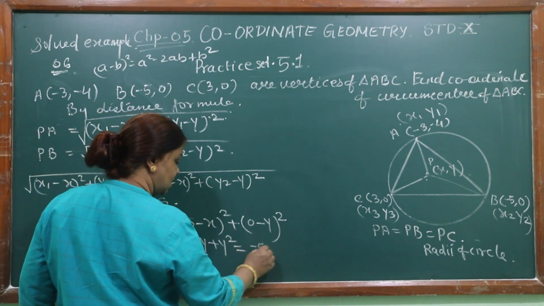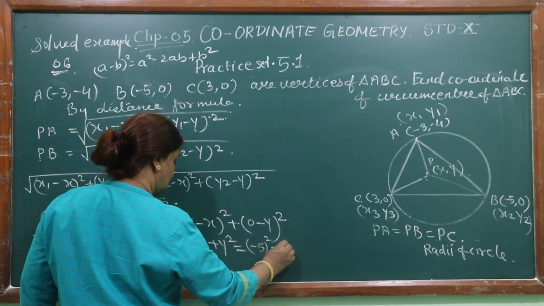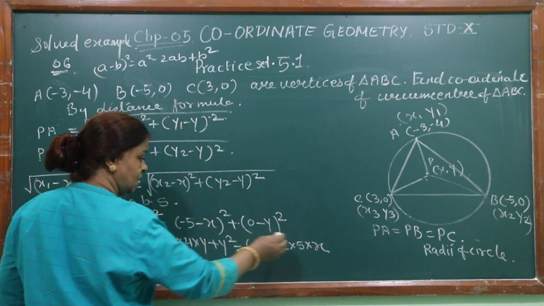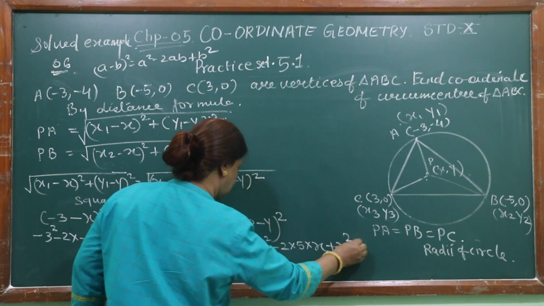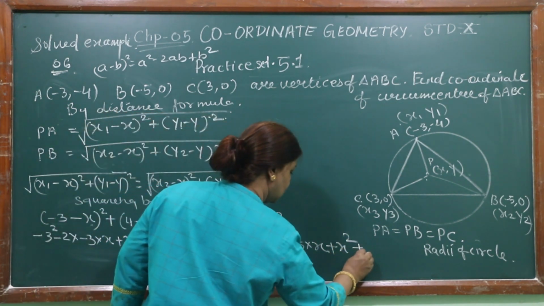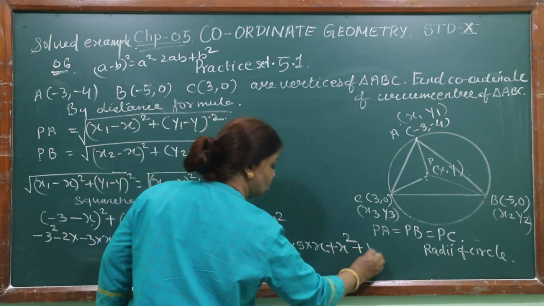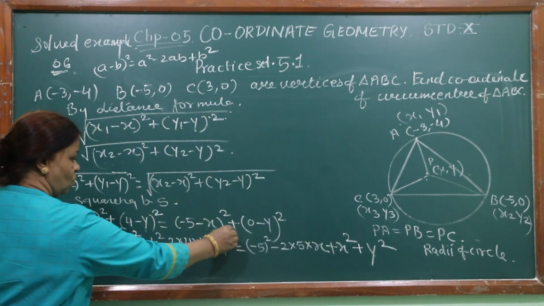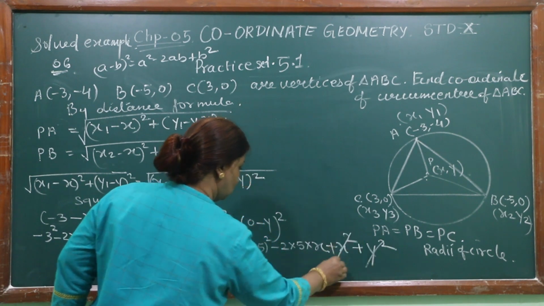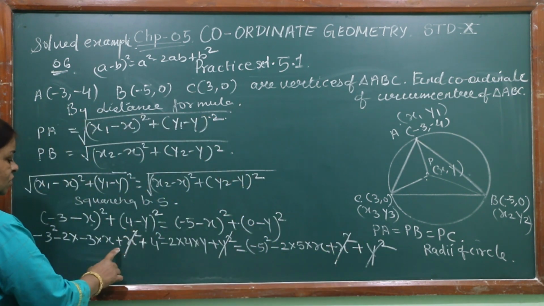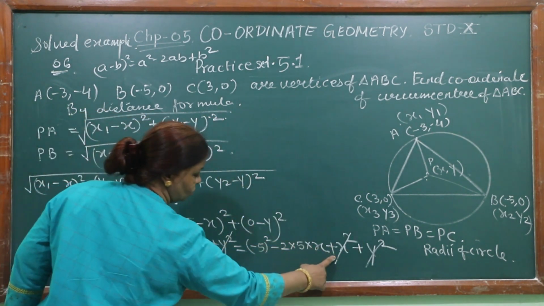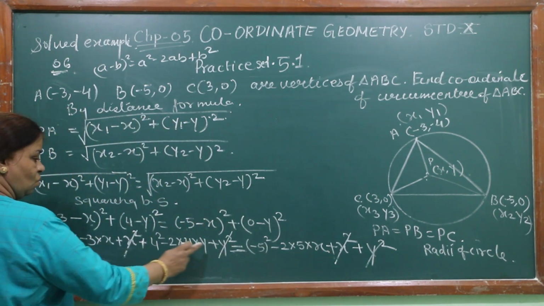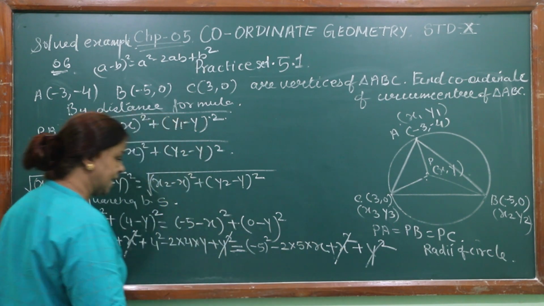Minus 5 whole square minus 2 into 5 into x plus x square plus minus y the whole square is y square. Now whatever is getting cancelled, let me cancel it. Y square and y square are gone, x square and x square also, because this is plus, this is also plus, and equal is in the middle, therefore they will get cancelled.